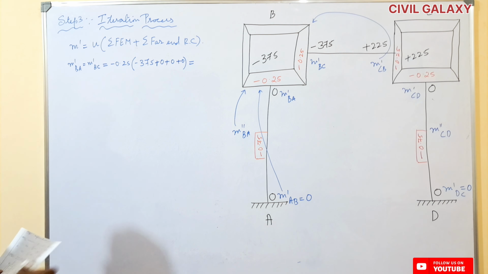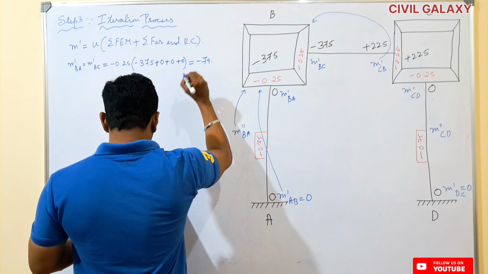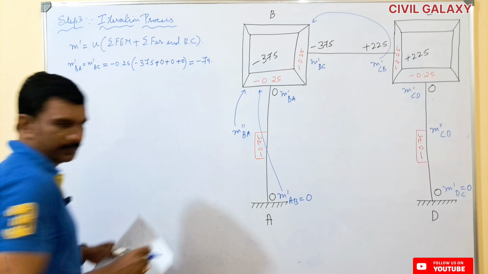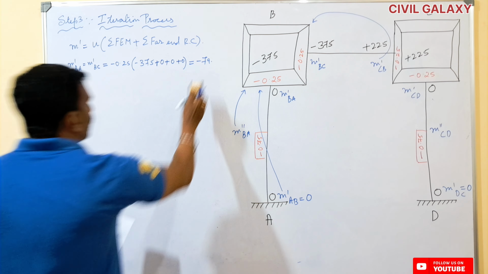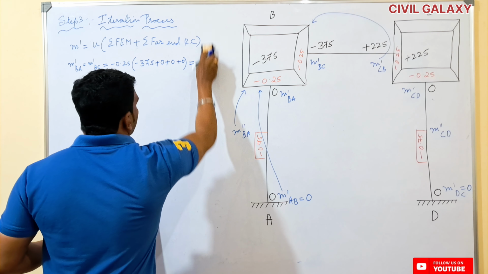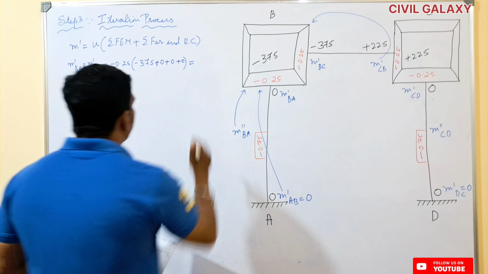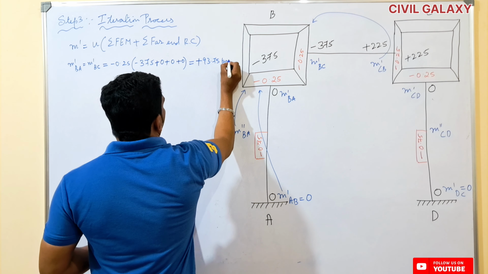So we are getting a value of plus 93.75 kilonewton meter.